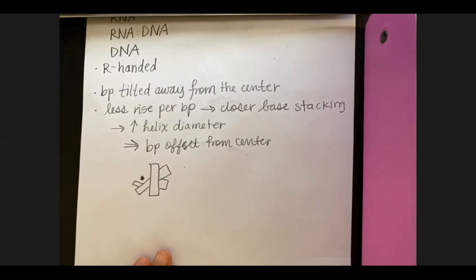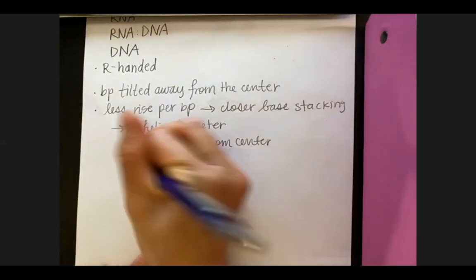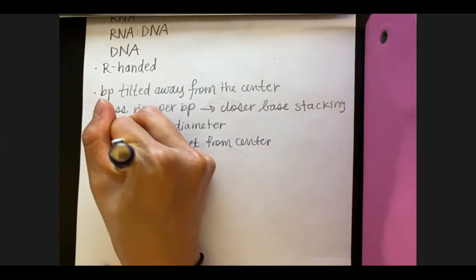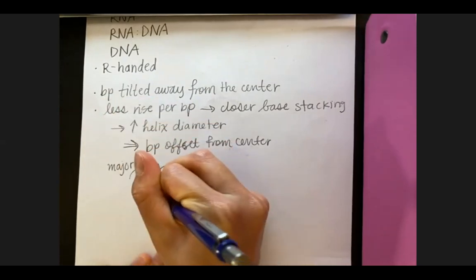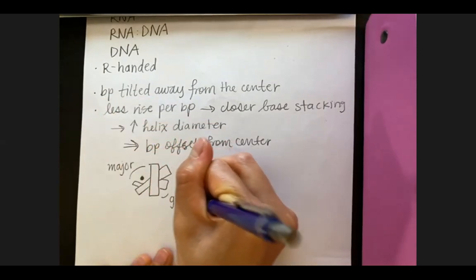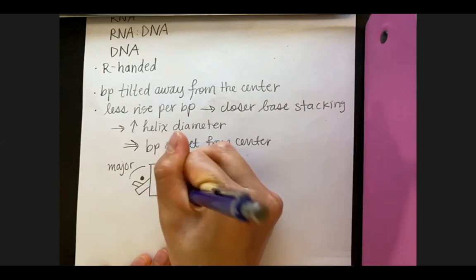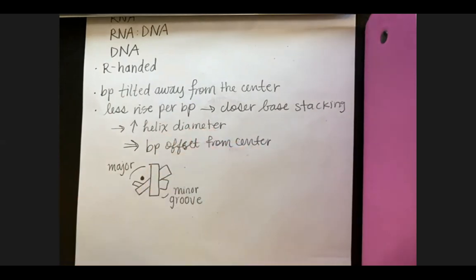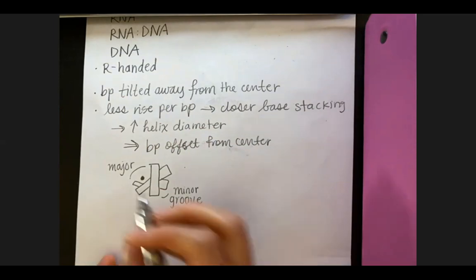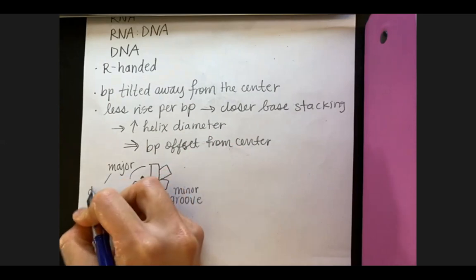In this one, this will be the major groove, and then this one will be the minor groove. In A-form DNA, you're going to have a deeper, narrower major groove, and it's buried in the helix.